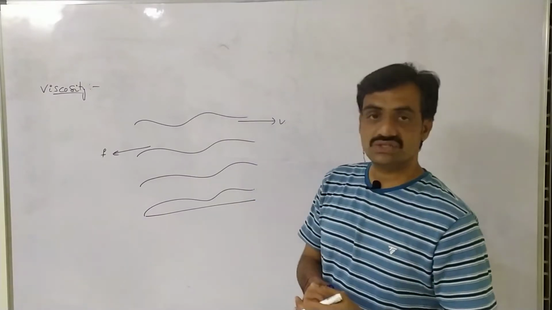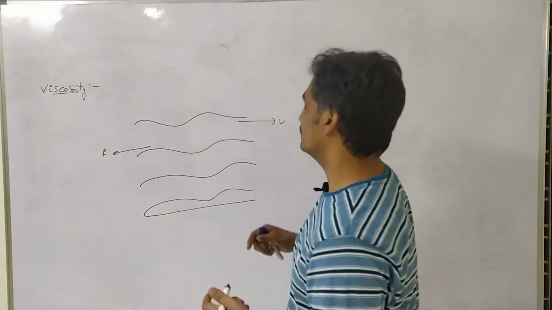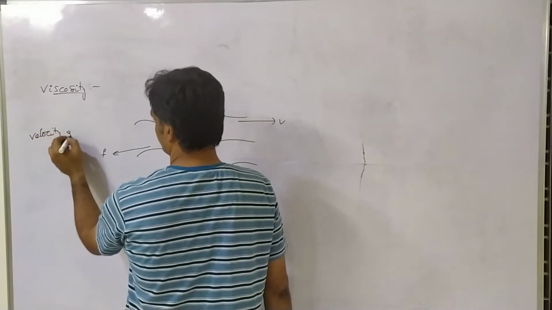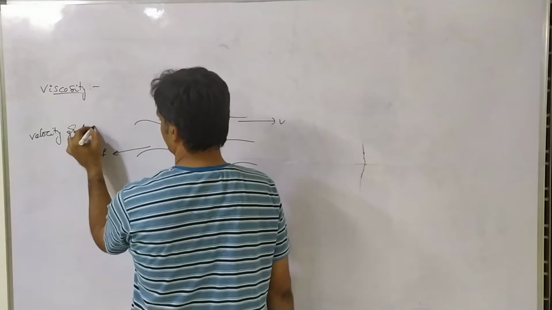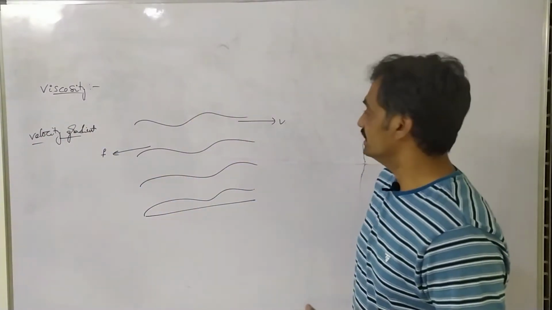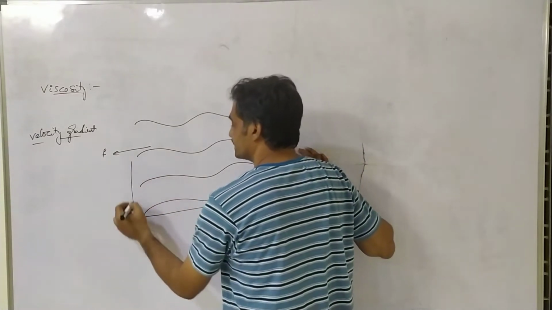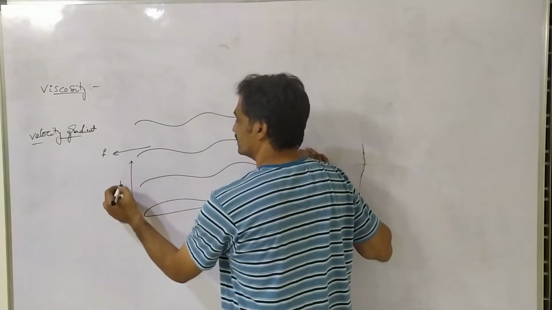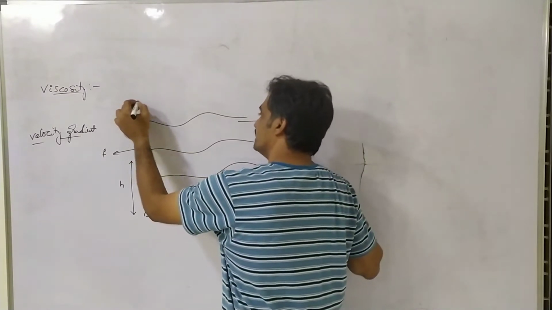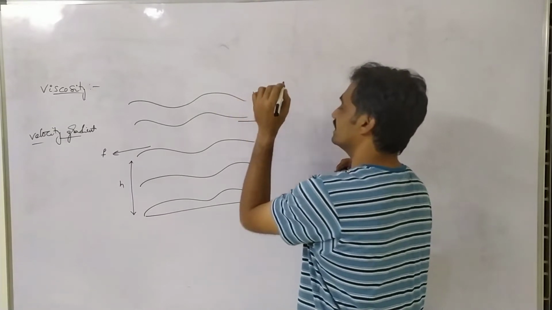So now, based on this condition, we are going to discuss the velocity gradient. Here, when a fluid is flowing in the forward direction with a velocity v, we consider the layer at a height h from the surface, and the upper layer which is present above this layer possesses a velocity of v plus delta v.